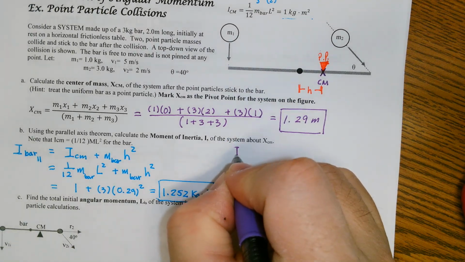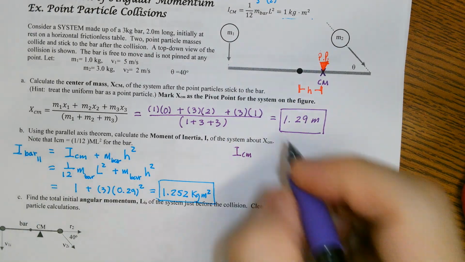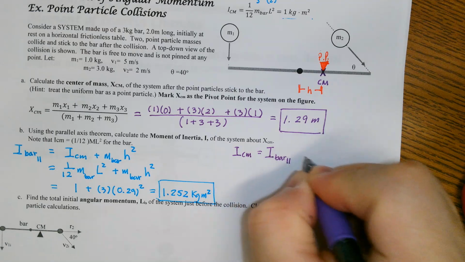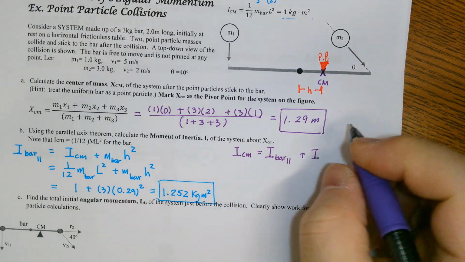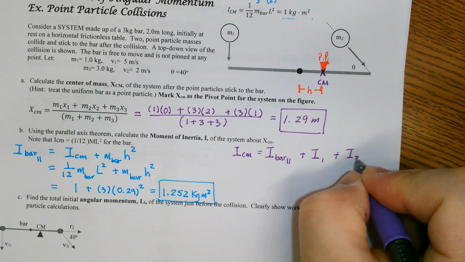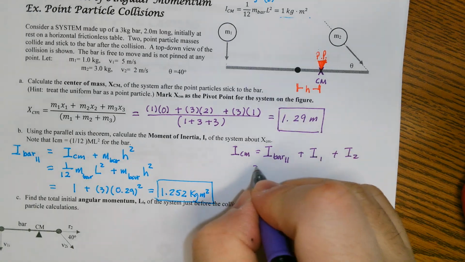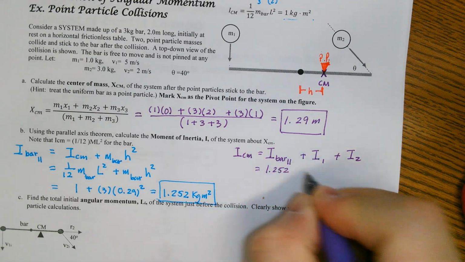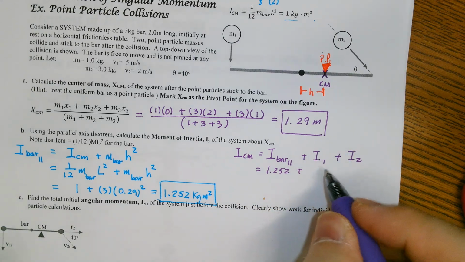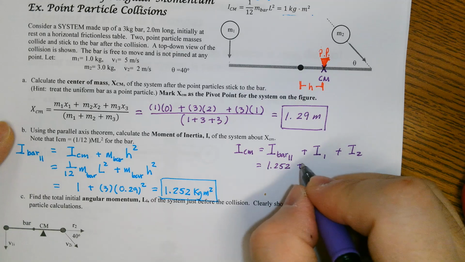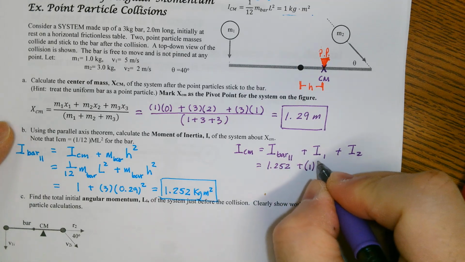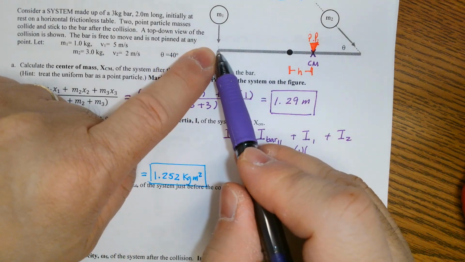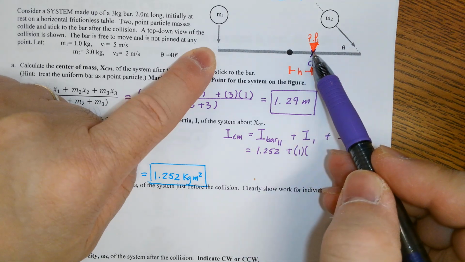So I sub CM for the whole system is going to be I bar parallel plus I1 plus I2, right? So I bar, we know it as 1.252, plus M1 has MR squared, which is 1 times R, which happens to be from where we are right here, 0 to where that pivot point is.